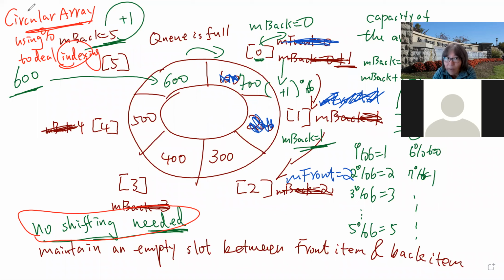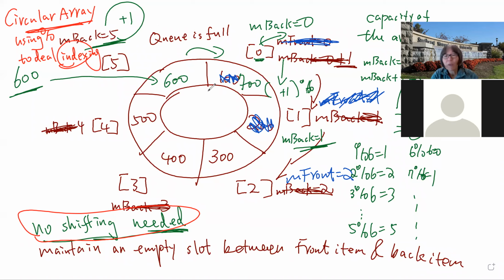This kind of circular array concept is a very neat concept in computer science. It can help us deal with all sorts of situations whenever it involves wrap around. So over here, we can use a circular array to deal with it.